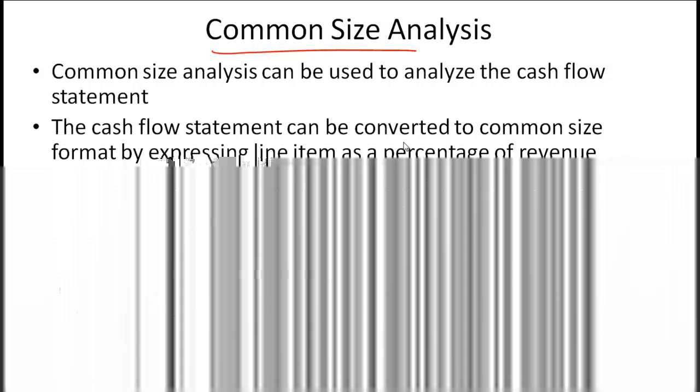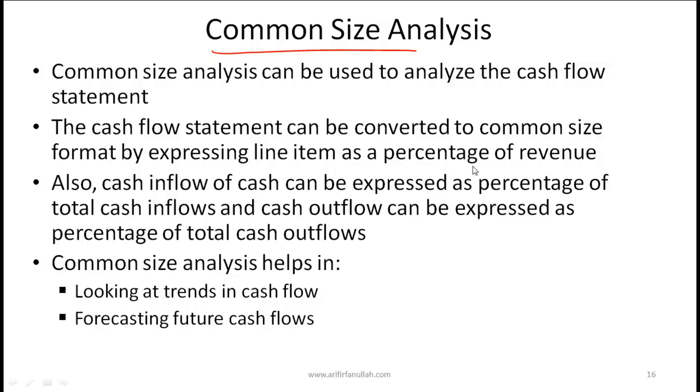Cash flow statement can be converted to a common sized format by expressing each line item as a percentage of revenue. You can also do the following. Cash inflow can be expressed as a percentage of total cash inflows, and cash outflow as a percentage of total cash outflows.